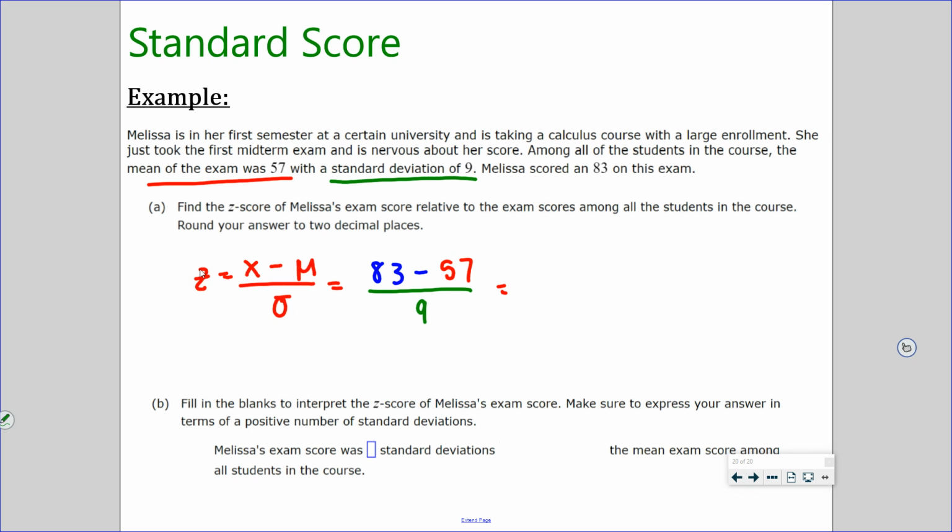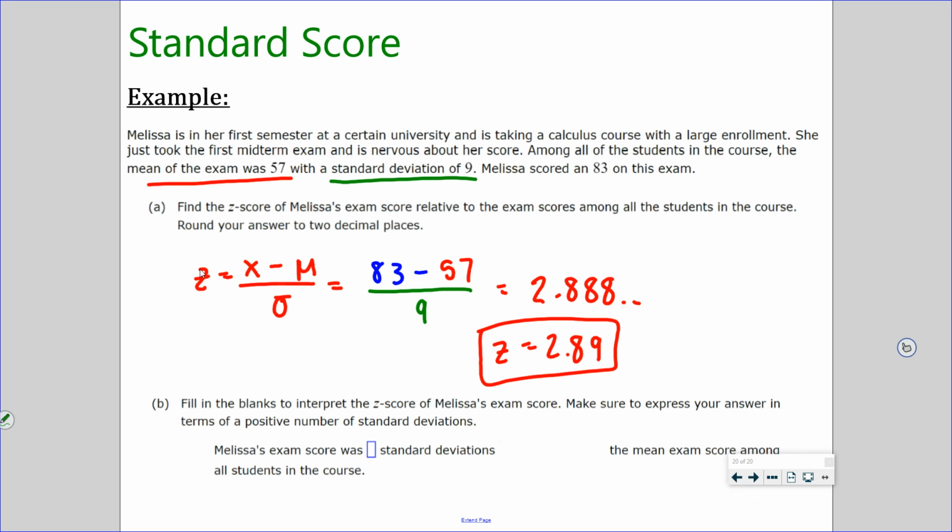Before I do any math, since she's above the mean, should I get a positive or negative z-value? Positive, yep. So I get this. Round to 2 decimal places. So that's a pretty unusually high score. She did well.